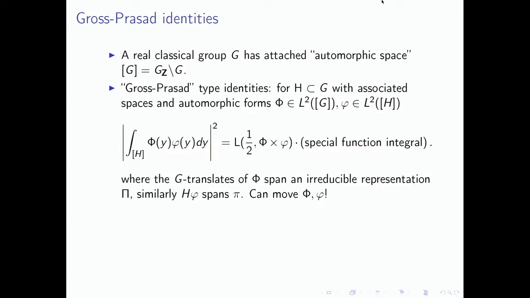In this formula, you have the freedom to move capital Phi and little phi inside that representation. When you move them, this changes and this changes, but the L function is intrinsic and doesn't change.